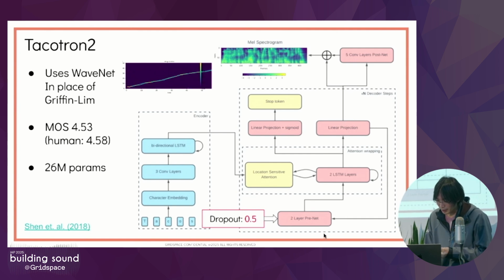The decoder has a prenet. Very interestingly, it has a dropout of 0.5. That means 50% of whatever is going into this prenet is actually thrown away in the next step of the decoding process. You might be wondering, why do we throw away that much stuff? Would it not make the output very noisy? Well, there is a little bit of philosophical discussion there that I'm going to show you in the next slide.